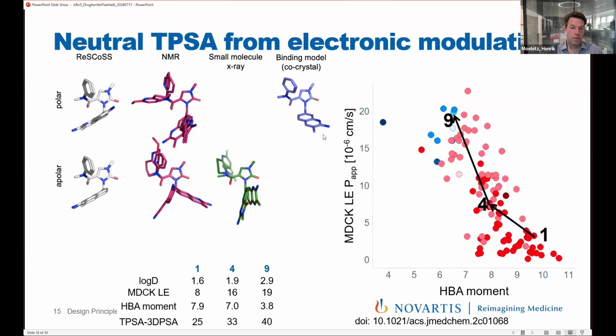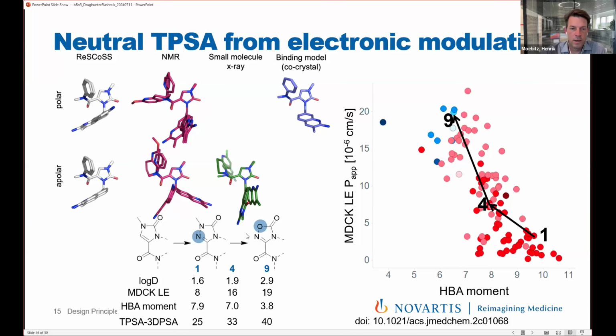And strikingly, if you click again, we not only see a good correlation or trend between, in this case, hydrogen bond acceptor moment and permeability, but strikingly, we can increase the lipophilicity of these compounds by introducing polar atoms.